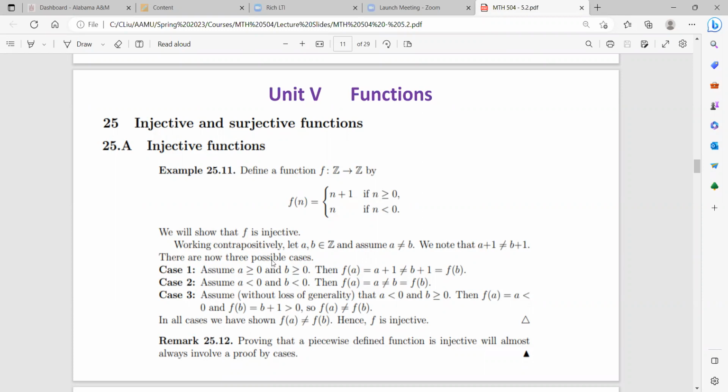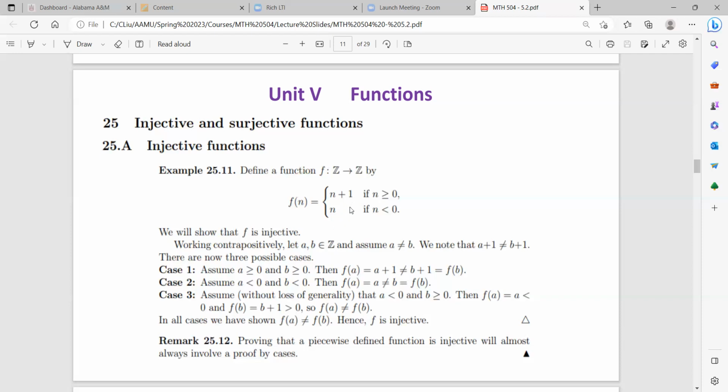So suppose both A and B are non-negative. We're using non-negative instead of positive because that's how the function is defined piecewise. If both A and B are non-negative, then you're going to use the top formula. So f of A equals A plus 1, and f of B equals B plus 1 also, right?